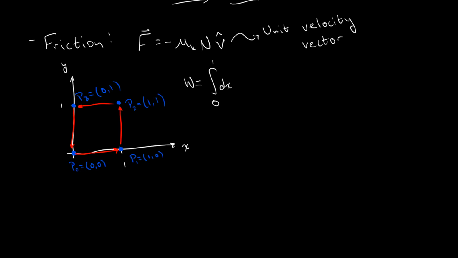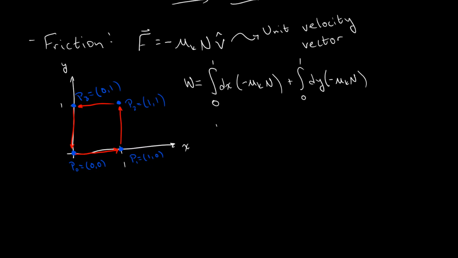I'm moving in the x direction, and so my force is going to be this in the x direction. Now, for P1 to P2, I only get something in the y direction, and again, I'm moving in the positive y direction. And so I get something like this, with a minus, opposing the motion in the y direction.